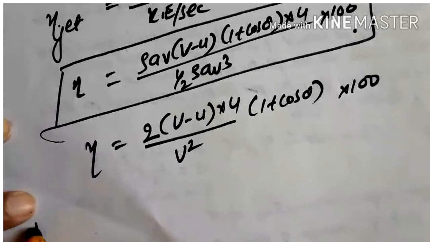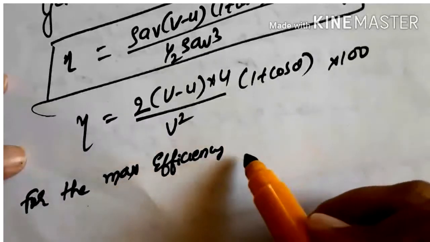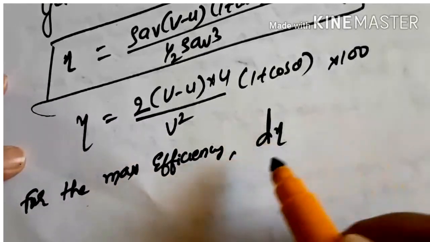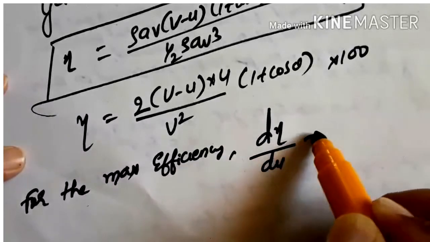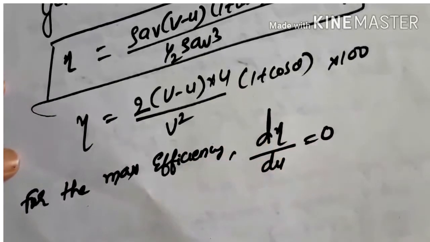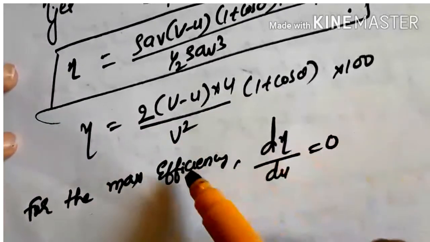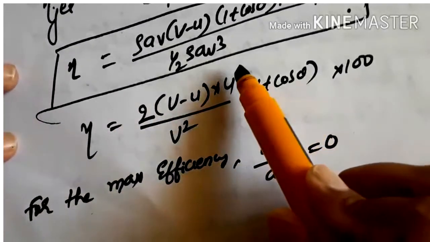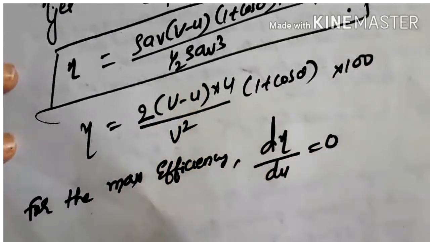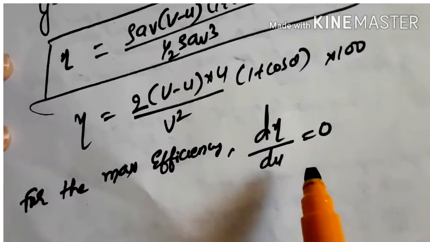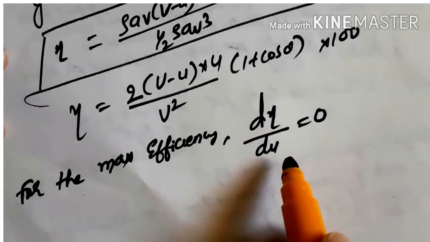Then for the maximum efficiency, we know d eta by du equals 0. If this is to be maximum, we differentiate this equation with respect to the velocity of the plate, since the efficiency of the jet depends upon the velocity of the plate.